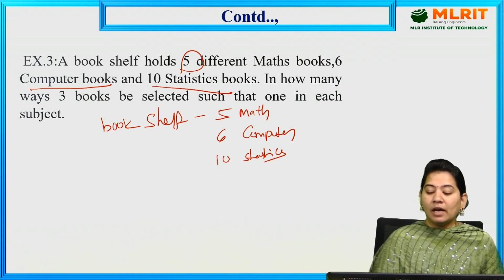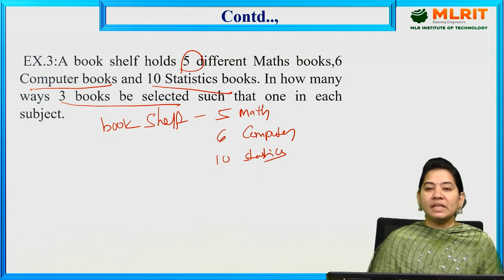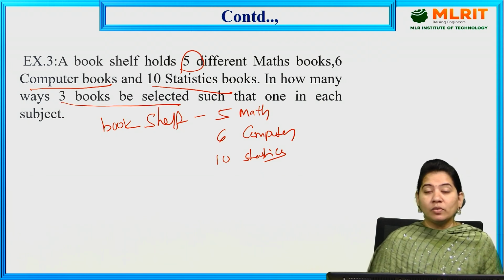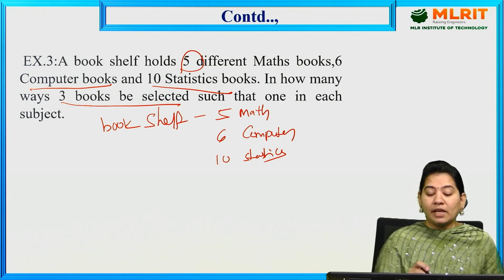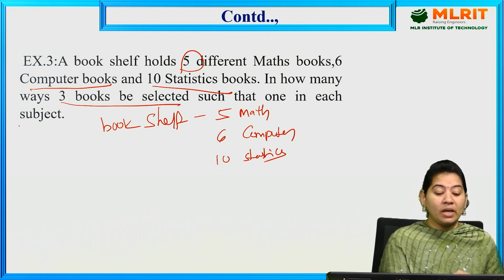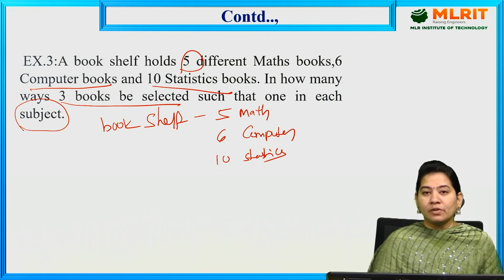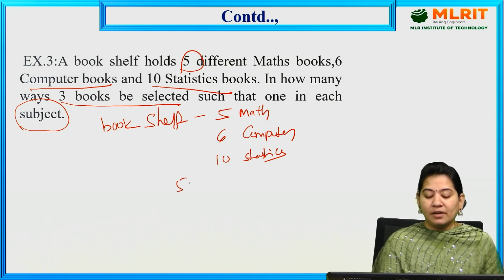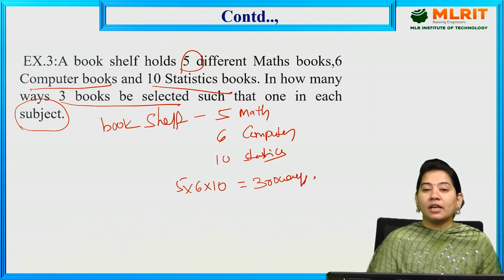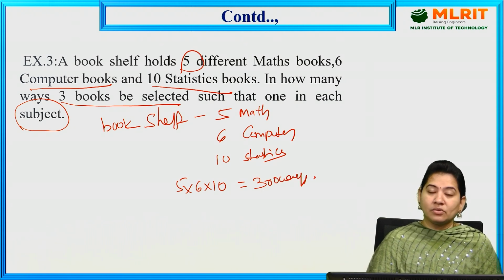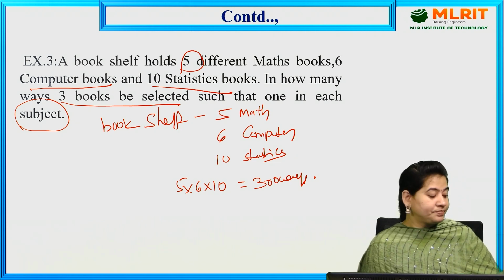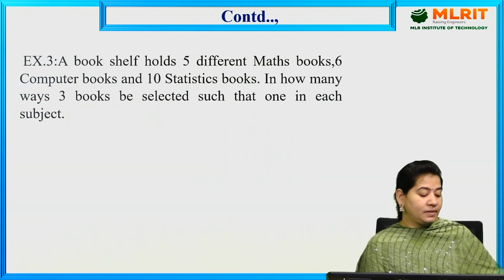Now in how many ways can 3 books be selected? I want to select 3 books, and the 3 books must be selected one in each subject. So obviously we have 5 into 6 into 10, which is a total of 300 ways. He can select 3 books in 300 ways. Okay, so this is the question and answer for this.